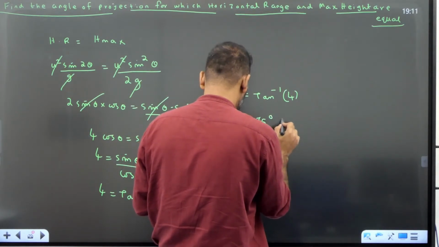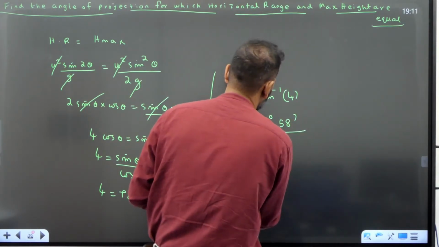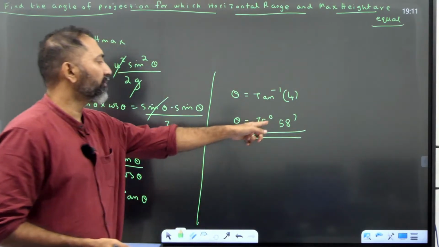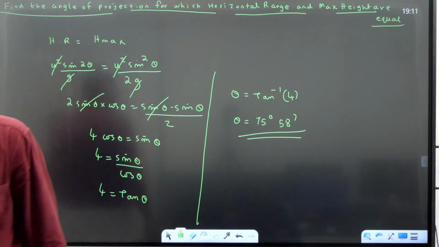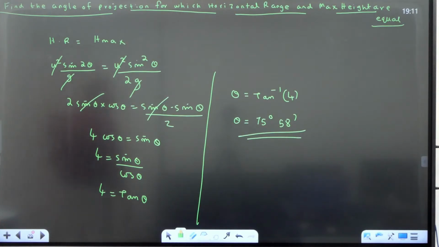What is tan inverse 4? 75 degree 58 minute. This you can get only with the help of a scientific calculator. So only Kerala students can do it. Any doubts? Or there are other methods also.